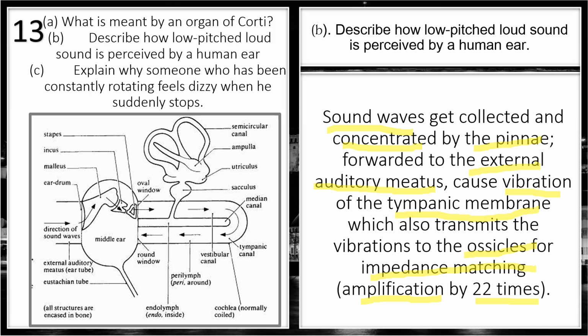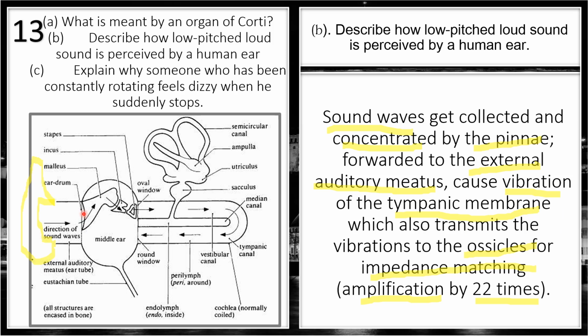22 times. So the sound will come from the outer part of the ear, which we call the pinna. So that sound, when it comes, passes through the external auditory canal, and it will find what we call the tympanic membrane, the ear membrane.